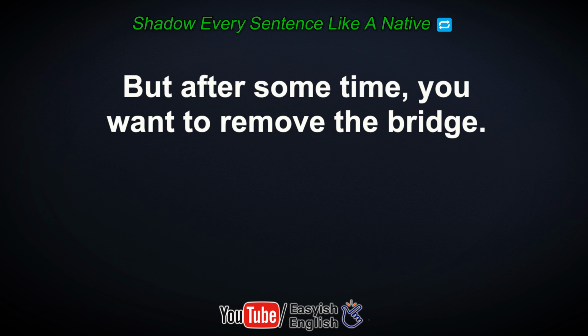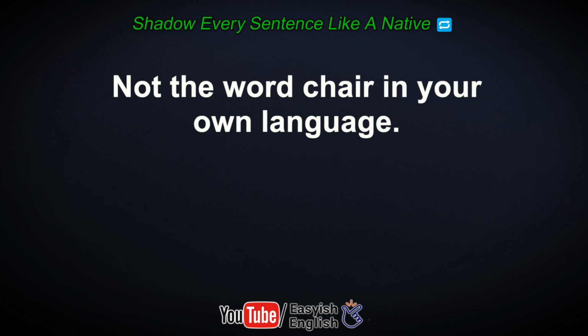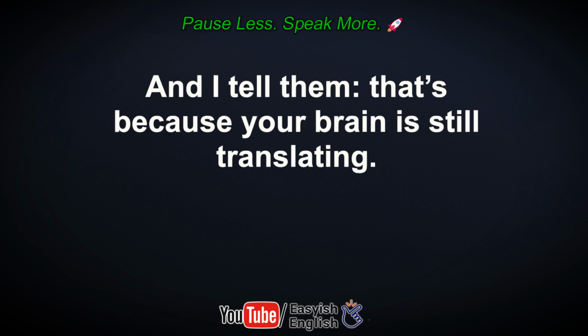But after some time, you want to remove the bridge. For example, you want to look at a chair and just think, chair, not the word chair in your own language. That's because your brain is still translating.